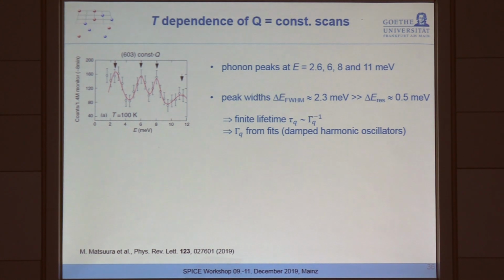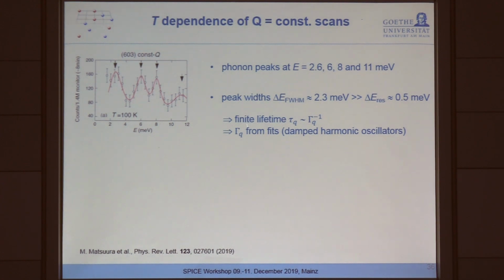Here are the results. Shown here is a constant Q scan at low energies below 12 millielectron volts. We found four clear peaks at 2.6, 6, 8, and 11 millielectron volts, which we could clearly identify as optical phonons from the dispersion which we looked at.